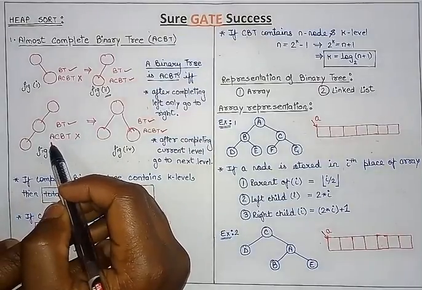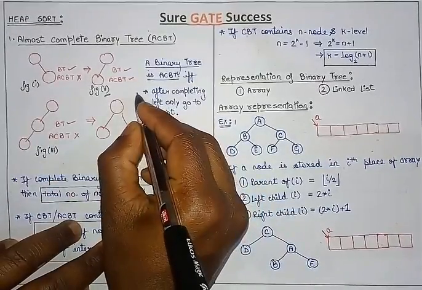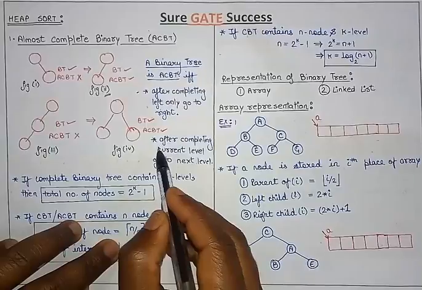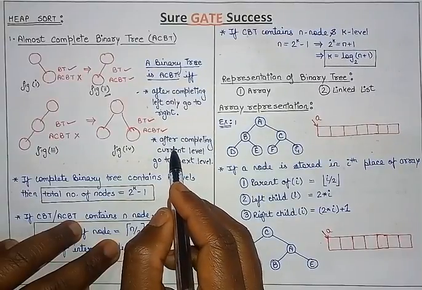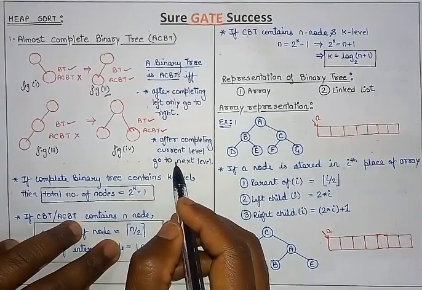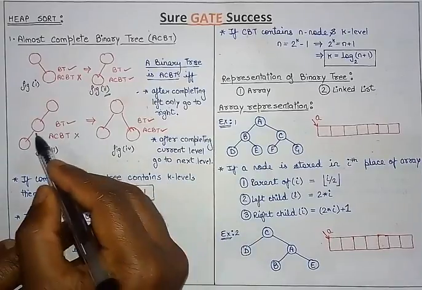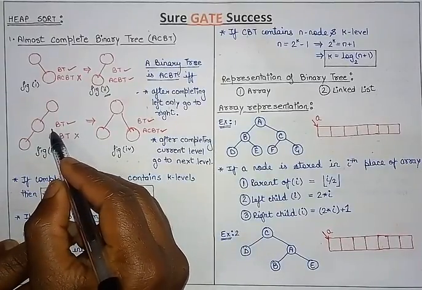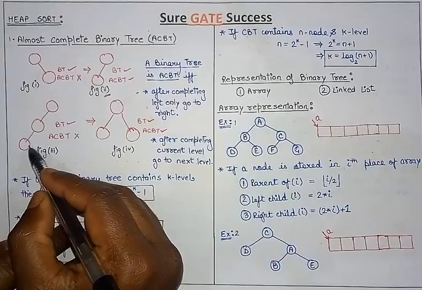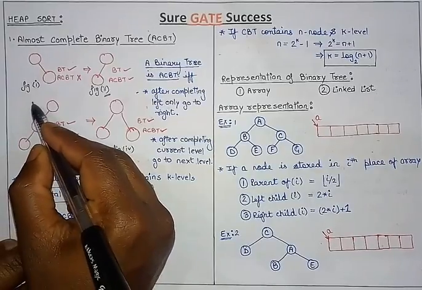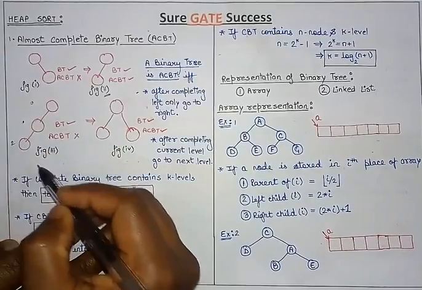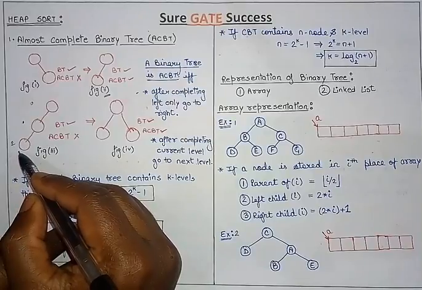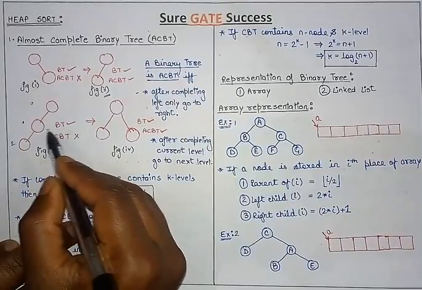The second point is that we go to the next level only after completing the current level. Look at this third figure: 0th level, first level, second level. We are on the second level, but we haven't completed the first level.